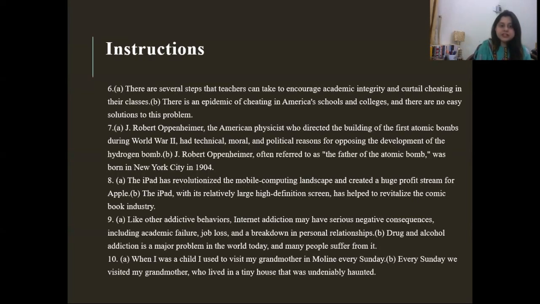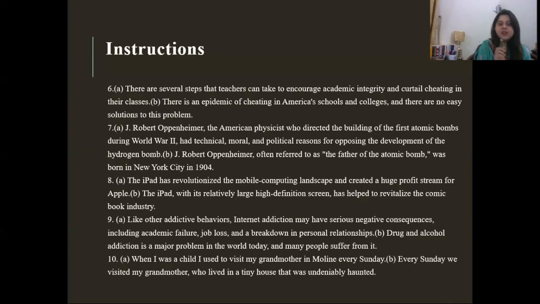Whereas the first thesis statement tells that the writer is going to focus on the steps that teachers can take. So the writer has narrowed down. Imagine that the topic is cheating. It's a one-word topic, cheating. Now there are so many types of cheating, or so many aspects of cheating that you can talk about.